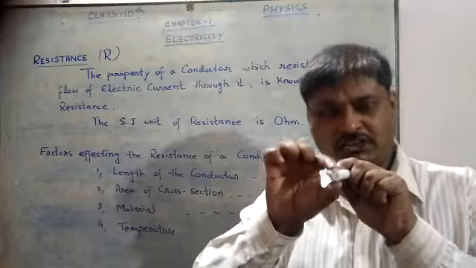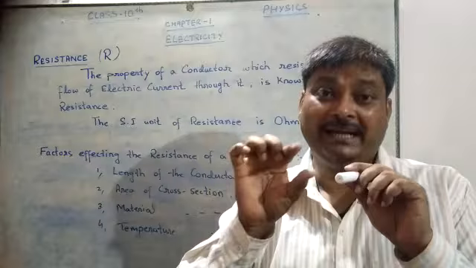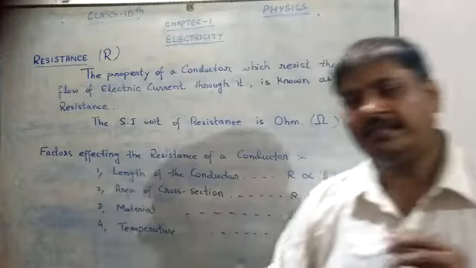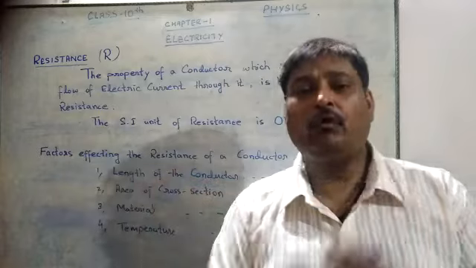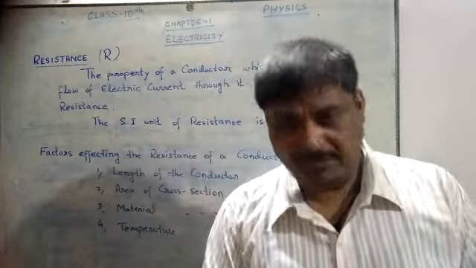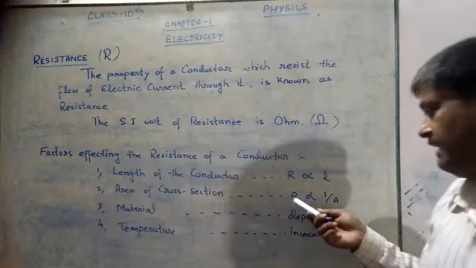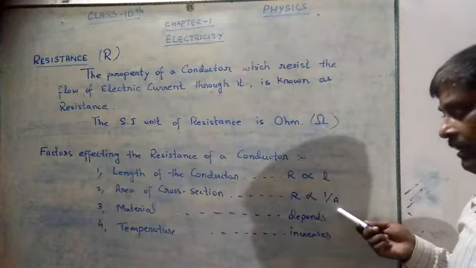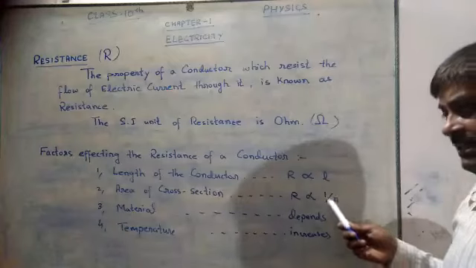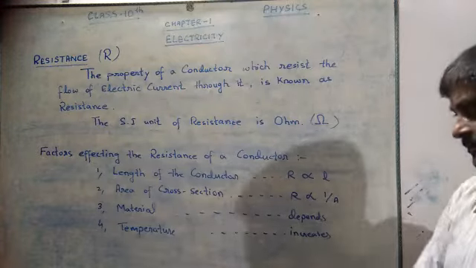While if the cross section area is less, if the wire is quite thin, there are more restricted places and the current will flow in a very difficult way. So the resistance is inversely proportional to the area of cross section, that is 1 upon A. If area is less, resistance is more. If area is more, resistance is less.